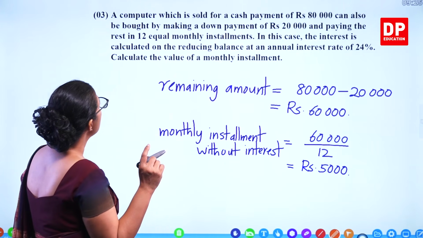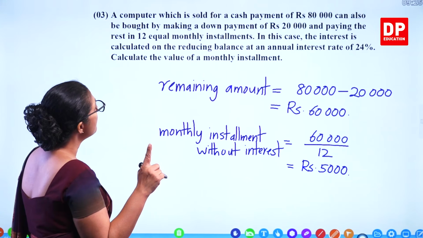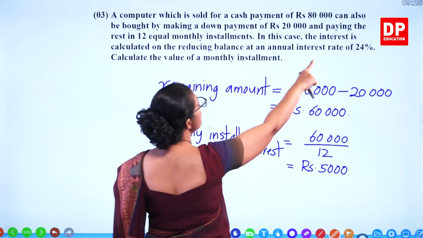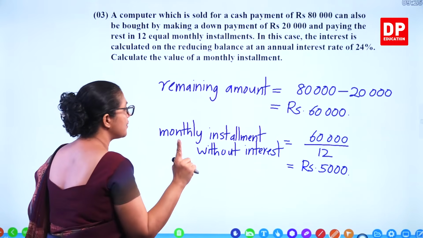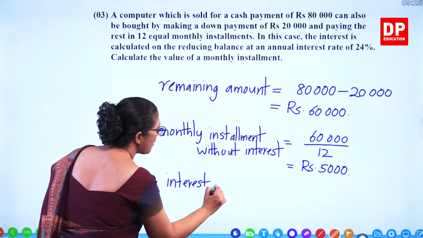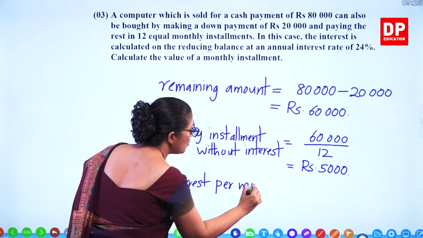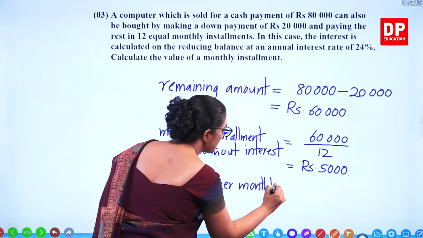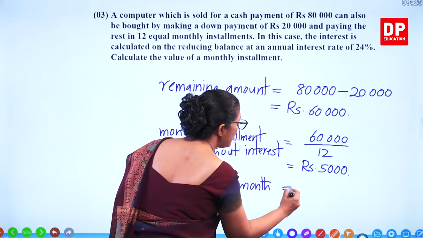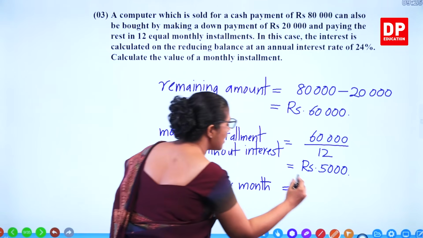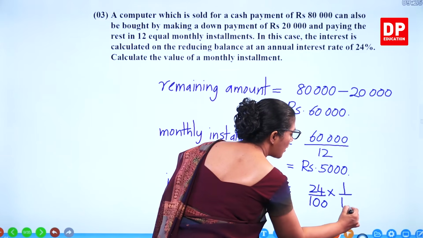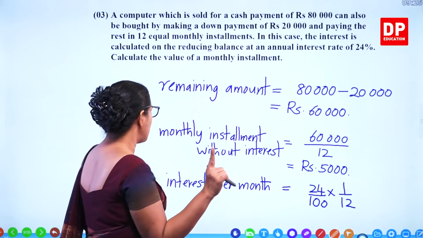Then what's the next step? You have to find out the interest per month. Annual interest rate is 24%, and when you divide by 12 you get the monthly rate.